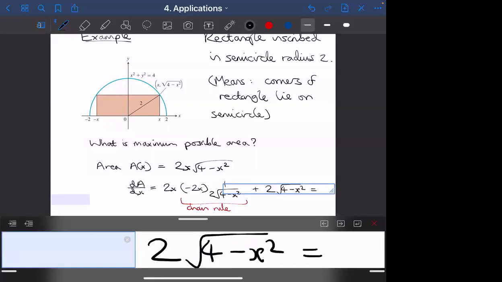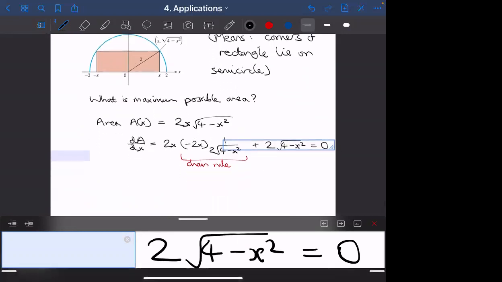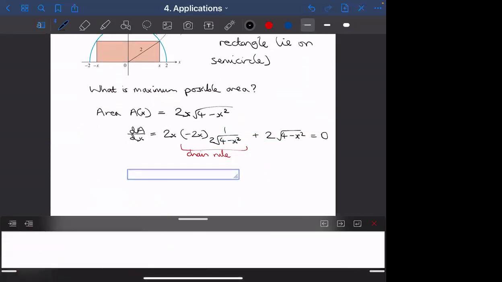So if that is 0, the condition to have a critical point of this function, then it has to be that minus 2x squared plus, yes, I want to check I've got the 2's right here.